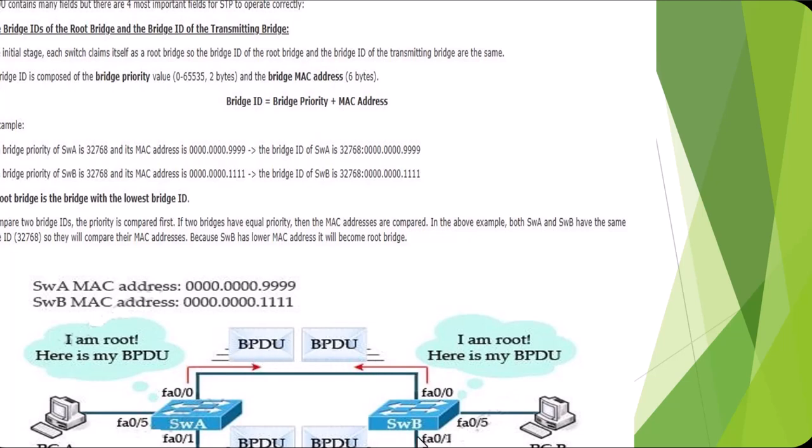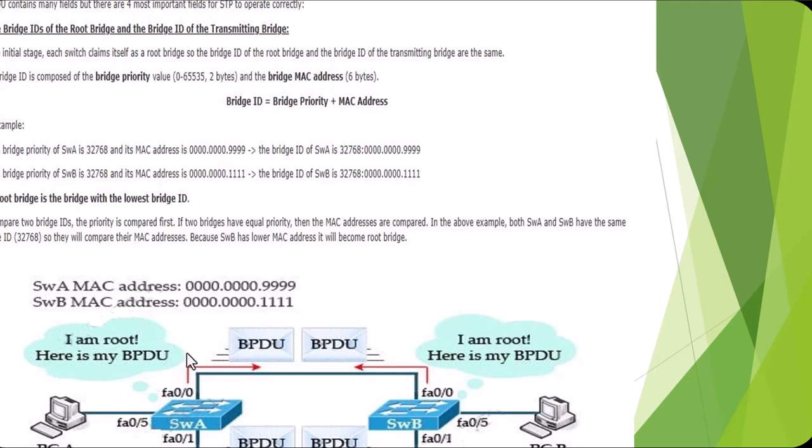These messages exchanged between the two switches contain the bridge ID of the root bridge and the bridge ID of the transmitting bridge. In the initial stage, because they both claim themselves to be the root bridge, the bridge ID of the root bridge and the bridge ID of the transmitting bridge are the same.